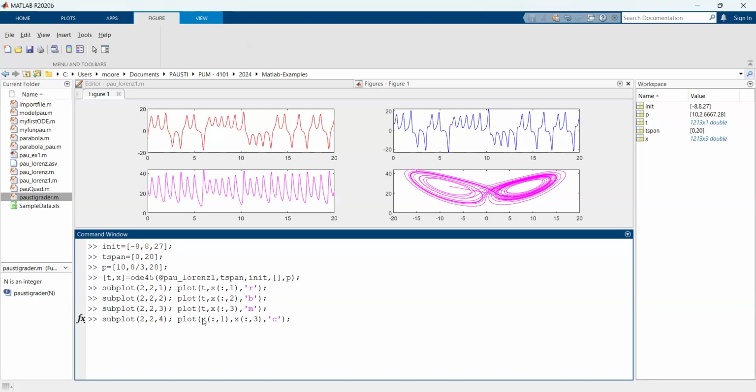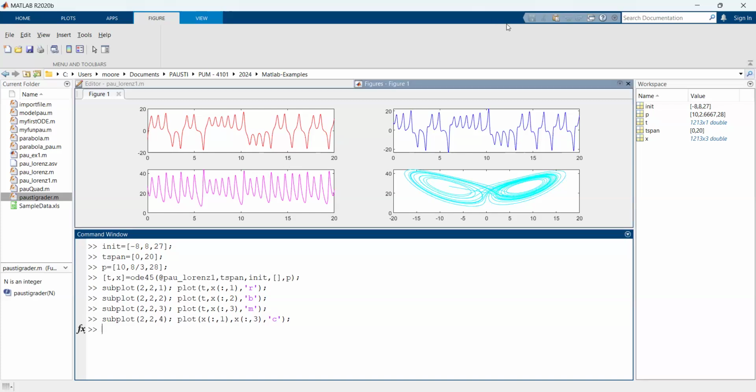Let's do sun. Okay, so we see how the plots look if we plot time against x, time against y, time against z, and then x against z. So this is how we do these simulations.